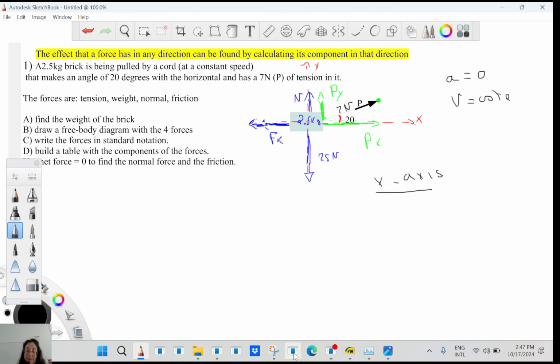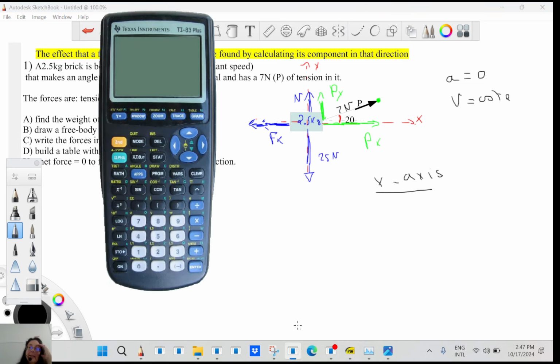So it's gonna be 7, and it's a cosine, right? So if it's in the first quadrant and you are given this angle with the positive x-axis, then it's always cosine.